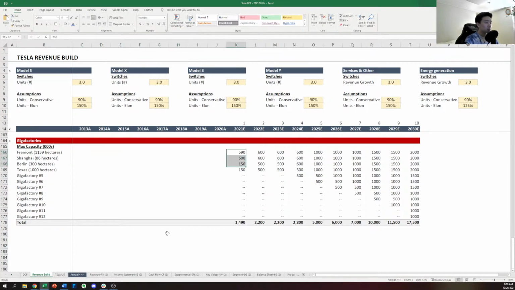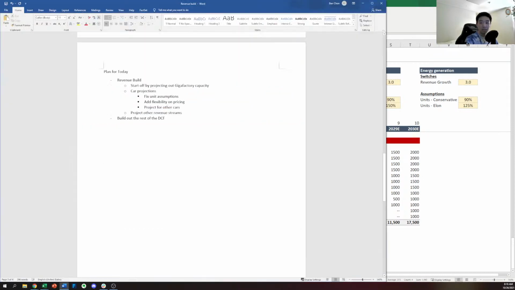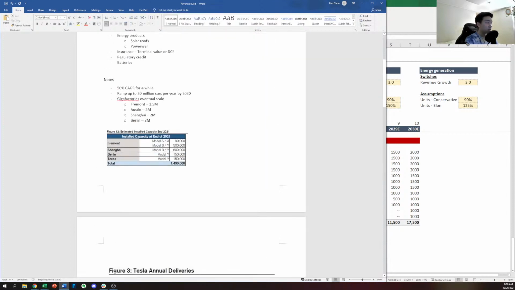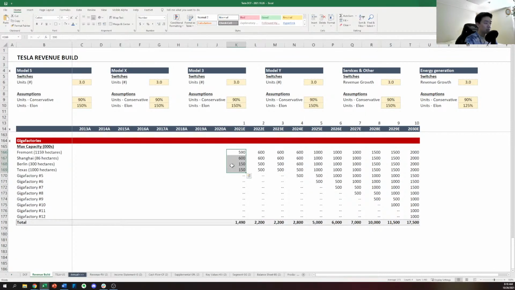These numbers are pretty accurate because I got them from a research report, and there are only a few months left of 2021. So these numbers I feel are pretty reliable, which is why we included them here. By the way, this is not how many cars Tesla has delivered, and it's not how much they will be delivering. It's more the total capacity.